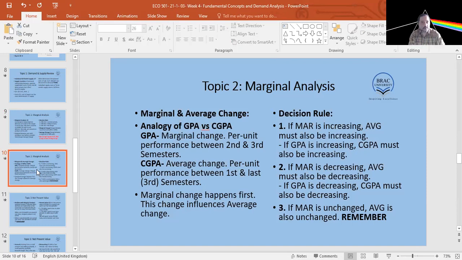So if this is your third semester in the program, then you have one GPA. Why does the average change after marginal? Because after you get your GPA, after you get your marginal score at the end of the semester, then and only then can you calculate your CGPA, i.e. your total average. That's why marginal change happens first. The GPA comes into our calculations first. Once we get the GPA calculation, then we can calculate the total average.